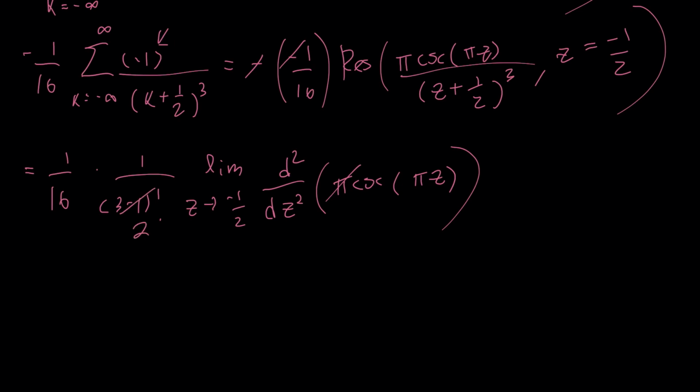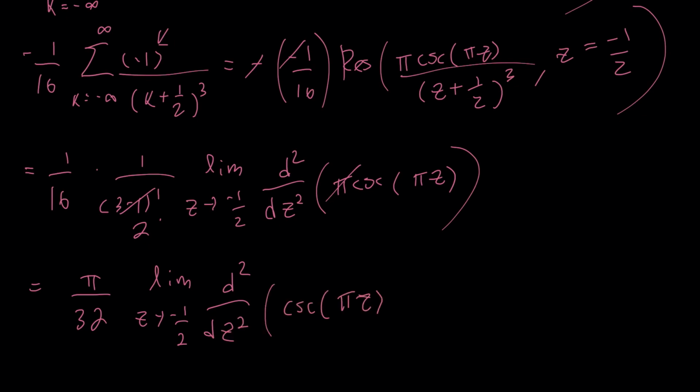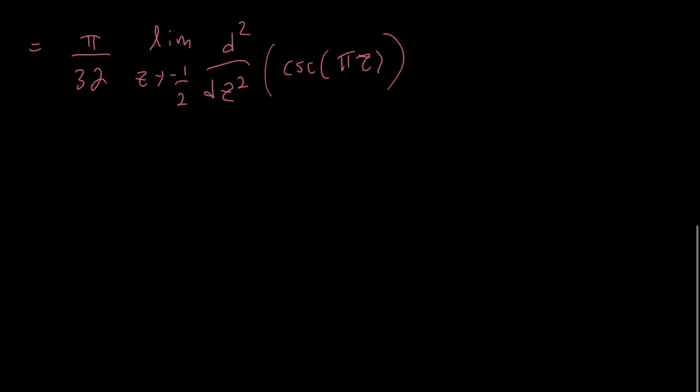So we're left with pi over 32 times the limit as z approaches minus a half of the second derivative with respect to z of the cosecant of pi z.